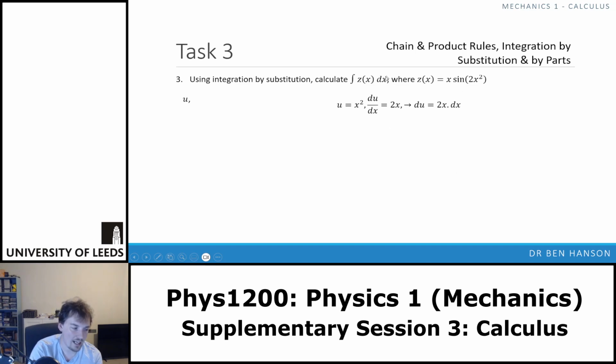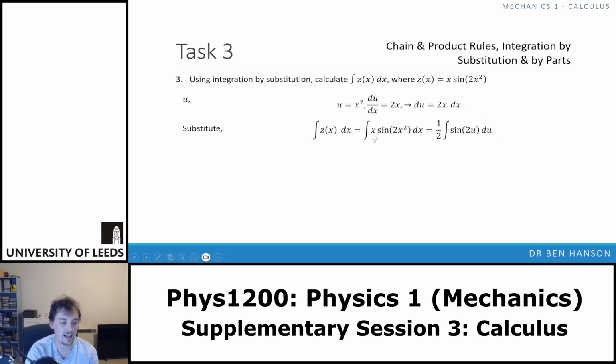I can now take dx and replace it with 1 over 2x du, right? The integral of z of x dx is the integral of x sine 2x squared dx. Let's get rid of that dx and turn it into du. So it's 1 on 2x du, and the x cancels. And x squared there is now just u. And all of a sudden we can solve this integral.